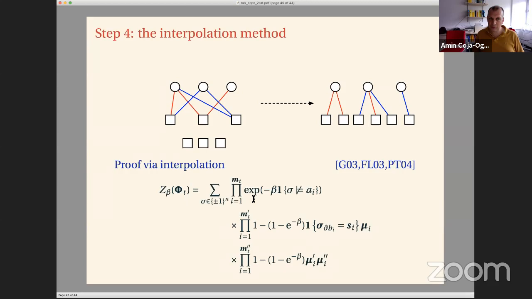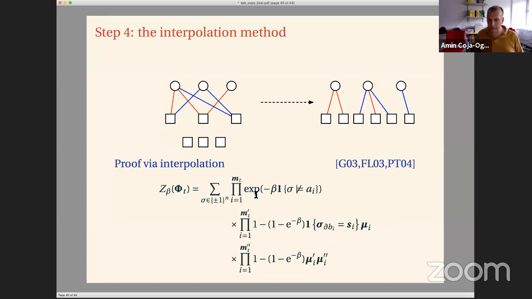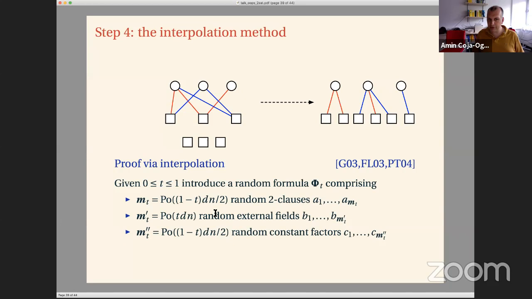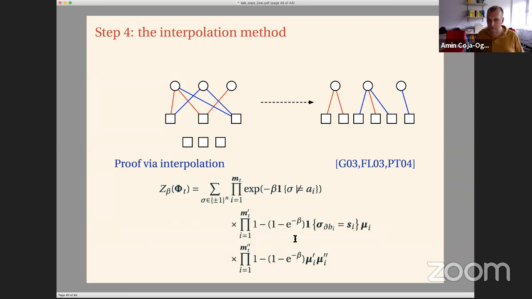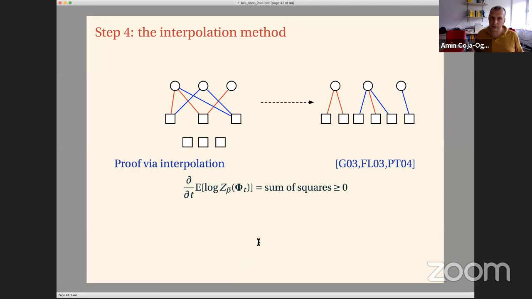And this computation is not awfully difficult because, as you can see here, the parameter t only enters into these variables m_t, m_t prime, m_t double prime, which are Poisson variables. So all we need to do is take a derivative of this expression with respect to the Poisson densities of these variables. And combinatorially, this turns into a calculation that is very similar to the ones that we did in the Aizenman-Sims-Starr scheme.